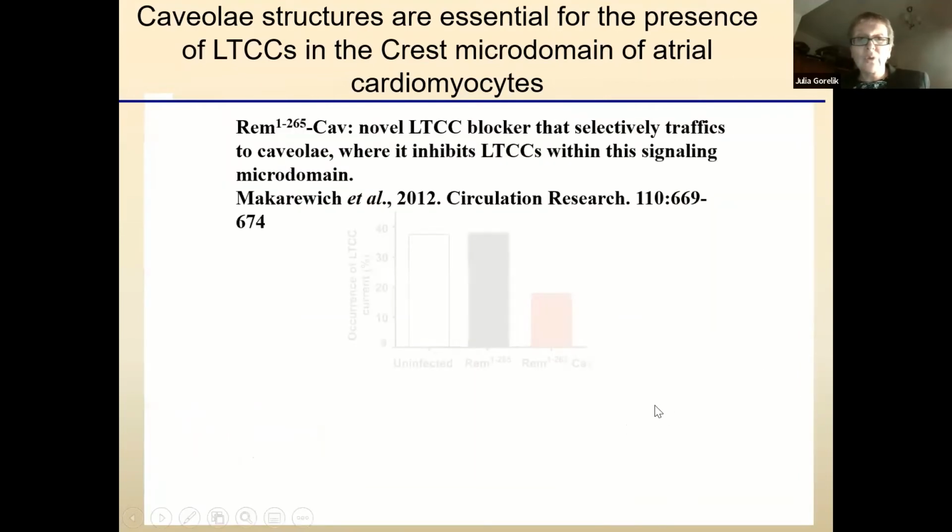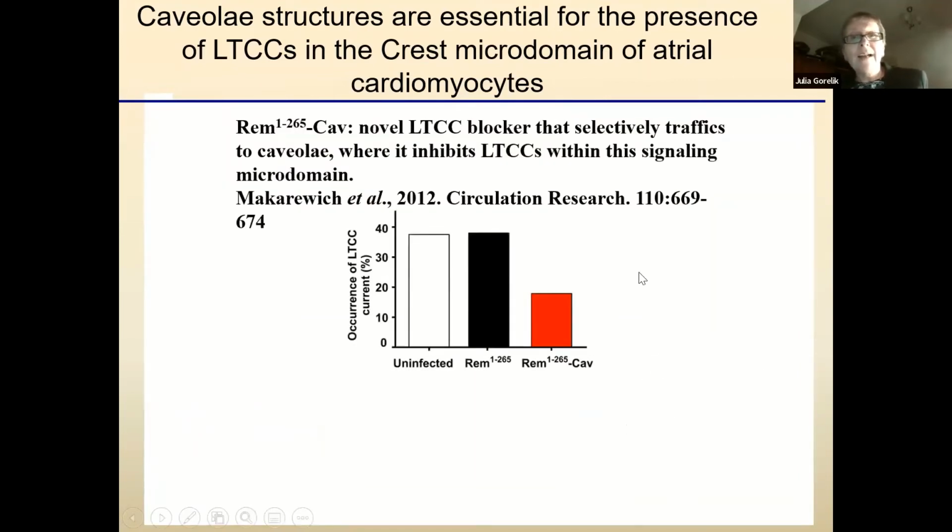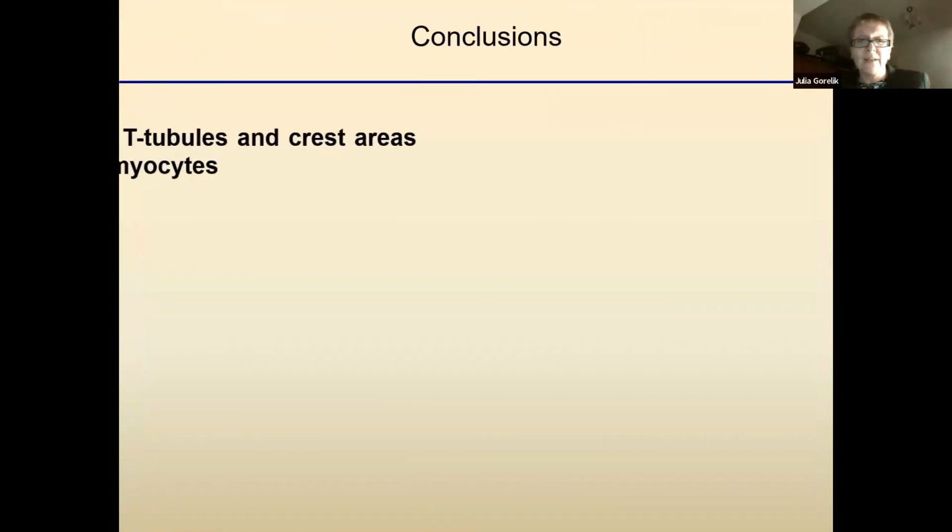And we also use a special REM cuff, which was developed in Stephen Hauser's laboratory, and when we add this, we prove that the channels are located in the caveoli in atrial cardiomyocytes.